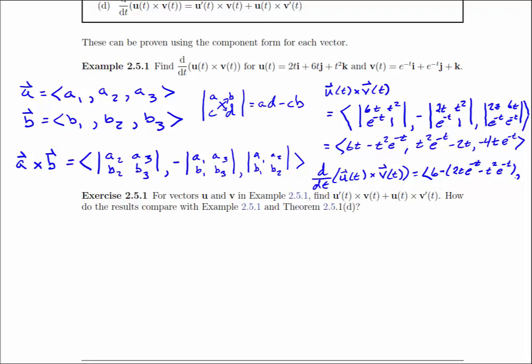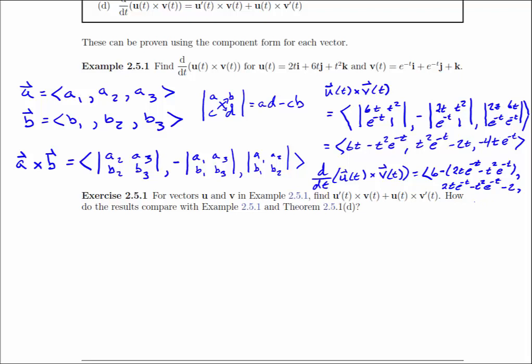And then my second component, we have something similar to what we just did, so it'll be this same thing without that minus in front, and minus the derivative of 2t, which is minus 2. And then the last component, we need a product rule again.